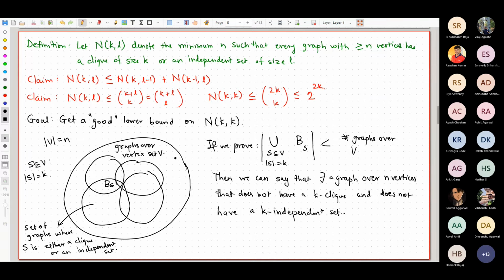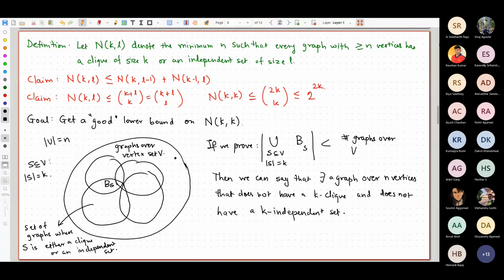Okay. So what is the motivation behind this, right? What do you want to prove? You are given some small enough n, and your goal is to prove that there exists a graph on n vertices which does not have a clique of size k, and does not have an independent set of size k either. What is the first proof strategy that will come into your mind? The first proof strategy is a proof by construction.